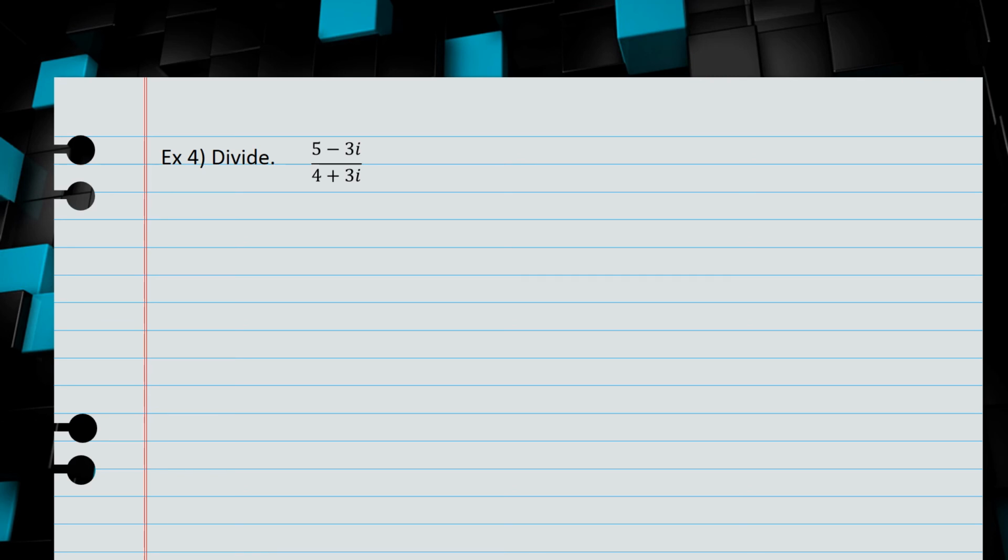We have the complex number 5 minus 3i divided by 4 plus 3i. Well, notice we have an i in the denominator and we cannot keep it there. So we said the way to get rid of it is to multiply by its complex conjugate. So what does that look like?